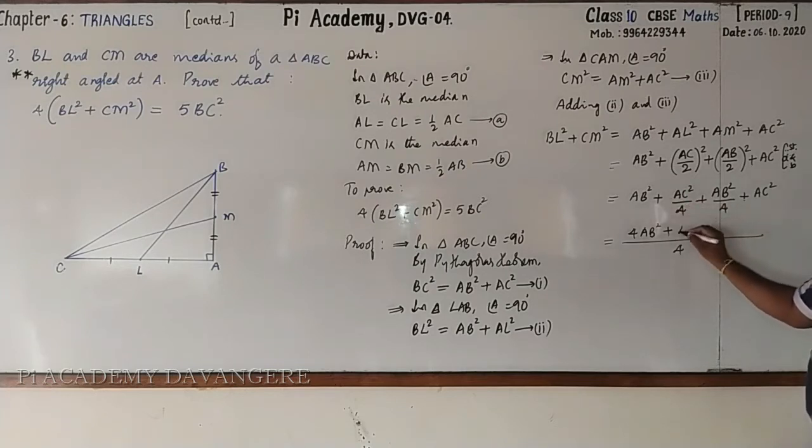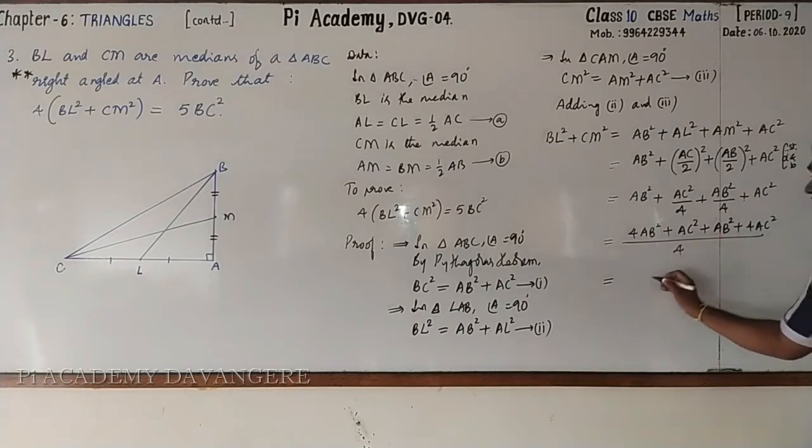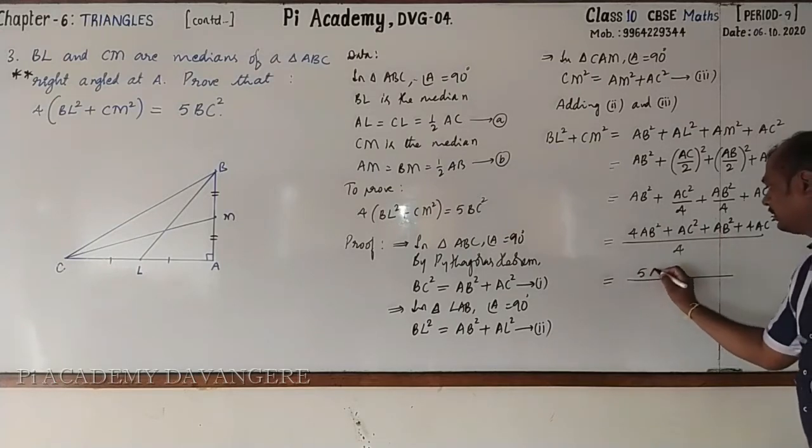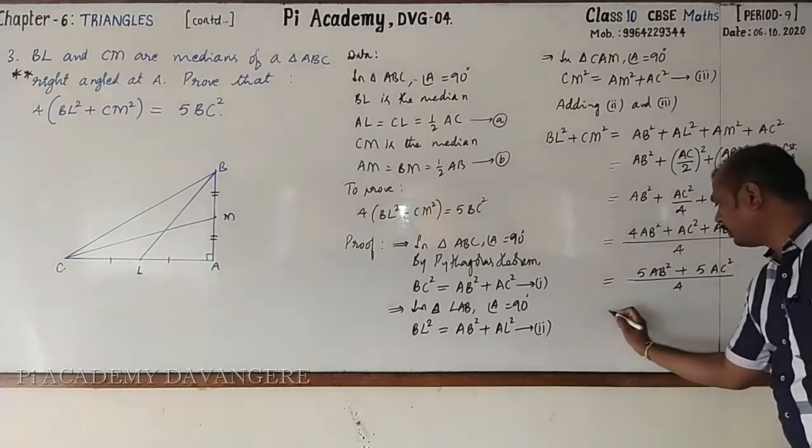Here 4 and 4 get cancelled. Only AC square will remain. Next, multiply 4 with the third term. Again cancelled. AB square. Multiply 4 with the fourth term. It is 4 AC square, which is equal to, observe here, 4 AB square, 1 AB square, how many times? 5 AB square plus 1 AC square plus 4 AC square, 5 AC square, divided by 4.